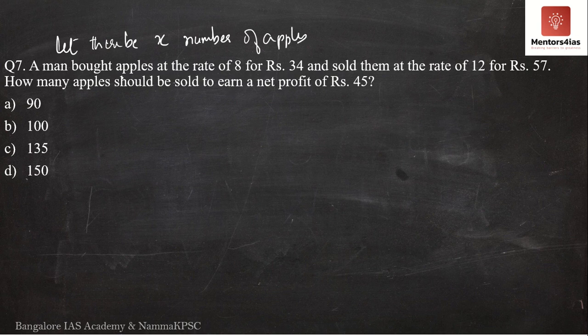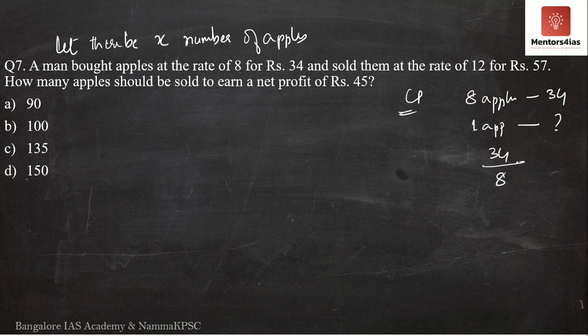Now the question says a man bought apples at the rate of 8 for 34 rupees. So 8 apples cost 34 rupees. Then 1 apple will cost 34 by 8 rupees, by cross multiplication.